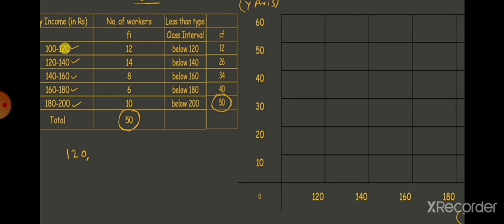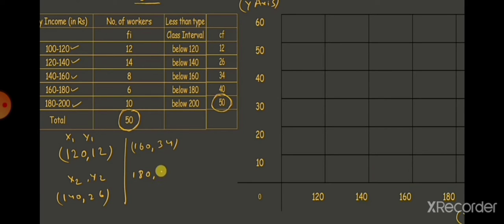Let me write the ordered pairs, where x is the class interval and y is the cumulative frequency: 120 comma 12, 140 comma 26, 160 comma 34, 180 comma 40, and 200 comma 50. These are all the ordered pairs for the less than type OGIVE.